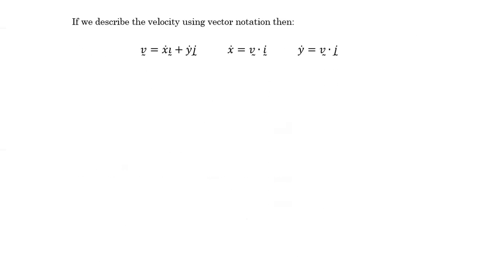Okay, moving along a little bit further, we can describe our velocity using vectors, either as these horizontal and vertical components, or we can look at those components as being the projection of the velocity, or the speed if you like, onto the horizontal and vertical unit vectors, i and j.